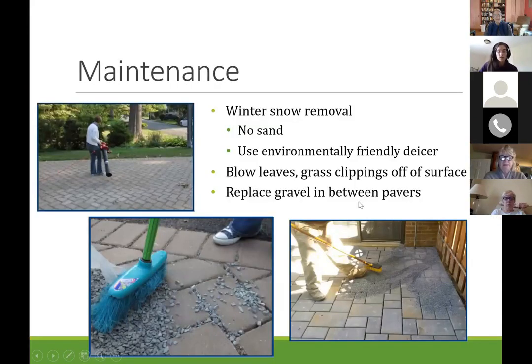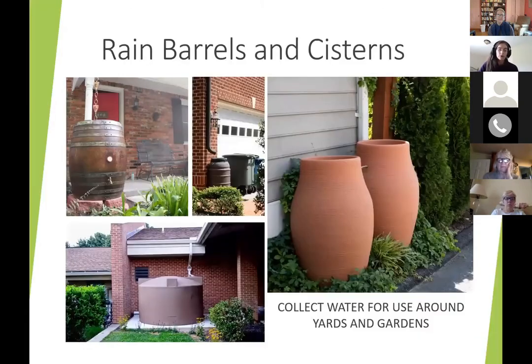There is maintenance, like we talked about with all of these, with the conventional solutions as well as our green solutions, things you need to do to keep these functioning. Rain barrels and cisterns. Rain barrels are smaller sizes, typically about 50, 55 gallons.